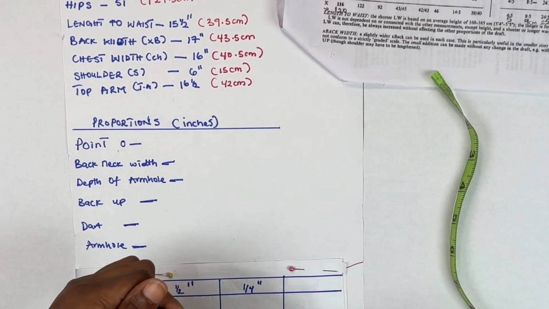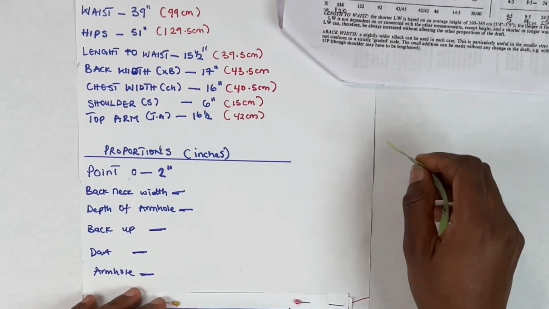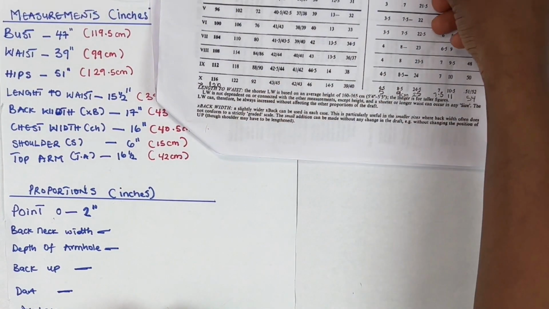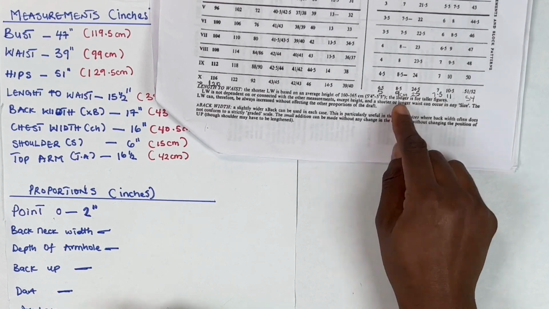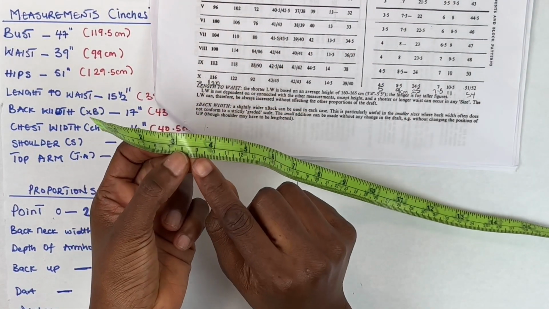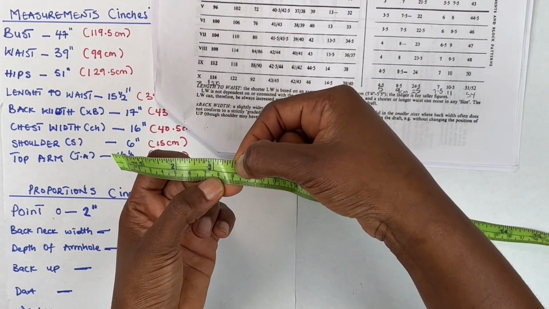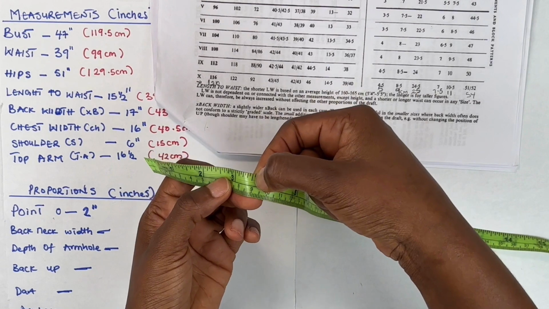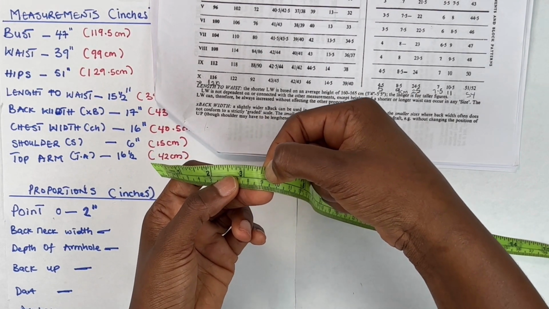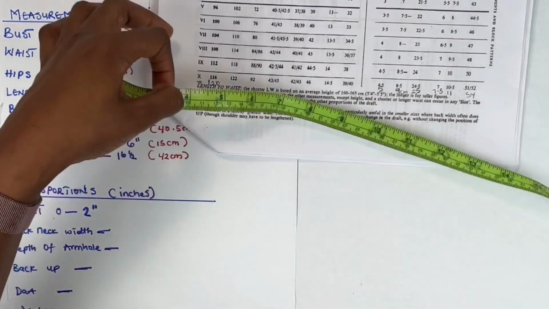So I'm going to put 2 inches right here. Next, my back neck width was 9 cm. So here I'm just going to see where my 9 cm falls by just looking at the part above, which is in inches, and this is on 3.5 inch, right? So here my back neck width is 3.5 inch.